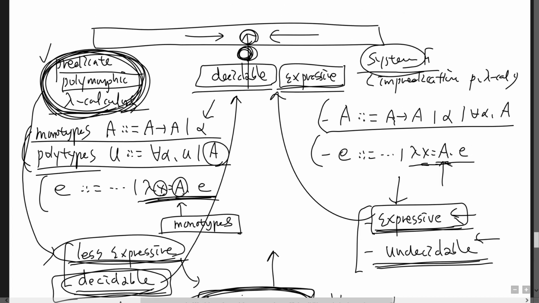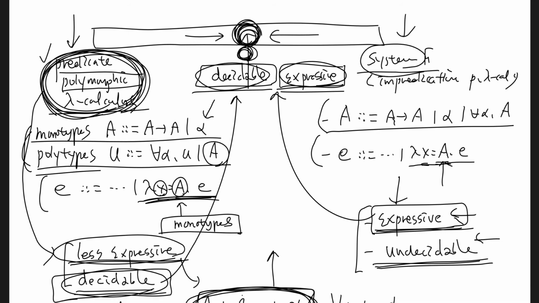So we'd like to find some sweet spot somewhere here. We can think of this language as a compromise between this one and this one, in the sense that it takes the best of both worlds, decidability and expressive power. And the answer to this quest is let polymorphism.